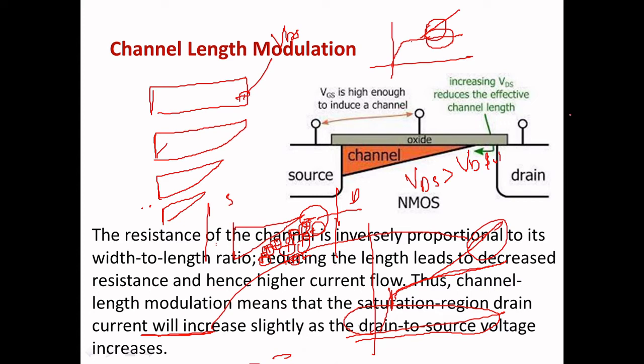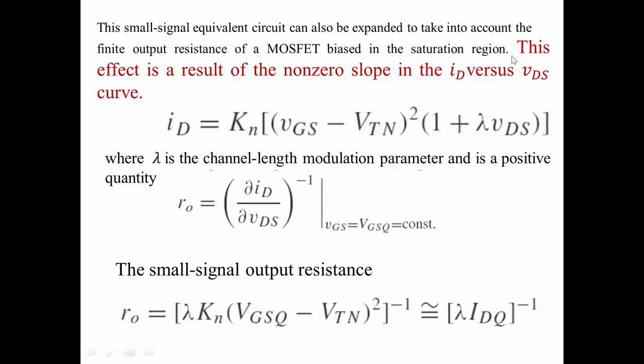So when the current is produced, there may be an R naught resistance, that is 1 by R naught. That is called channel length modulation, which you have to include in your model. Okay, that is the important part. See, if you include channel length modulation, the formula will be rewritten as ID equal to Kn (VGS minus VTN) whole square times (1 plus lambda VDS).